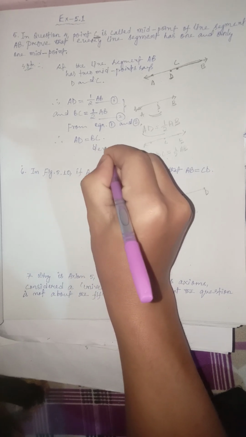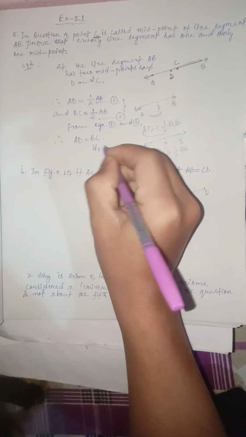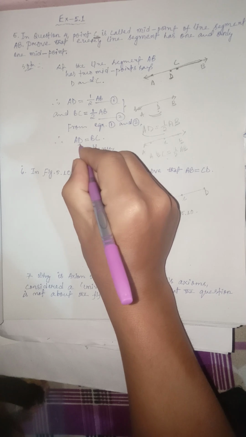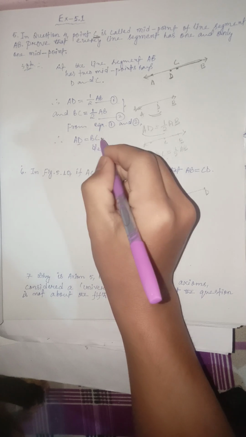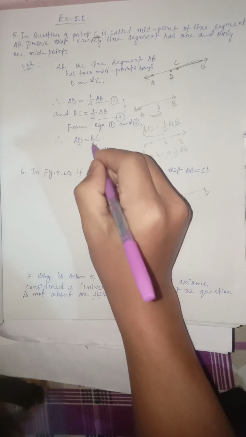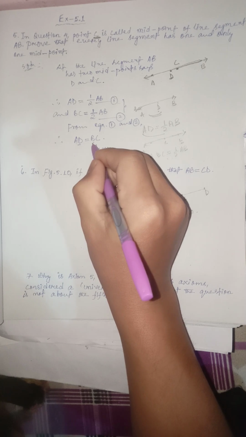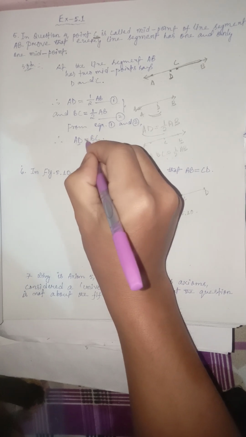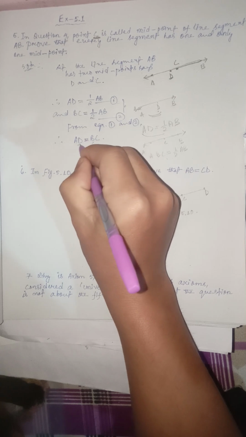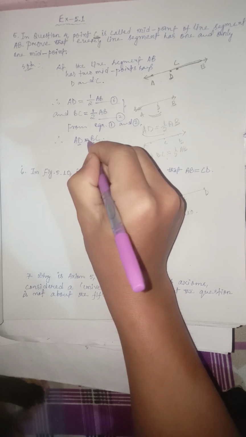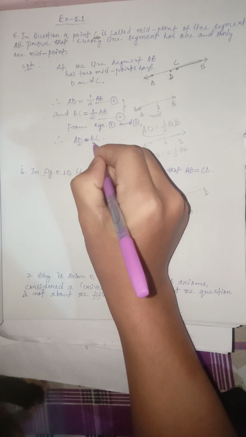Then actually this is what the question says. This AD is one of the line segments and this one is one of the line segments and they are equal to each other. And they have only one midpoint. If this is equal, then that means they have equal midpoints.